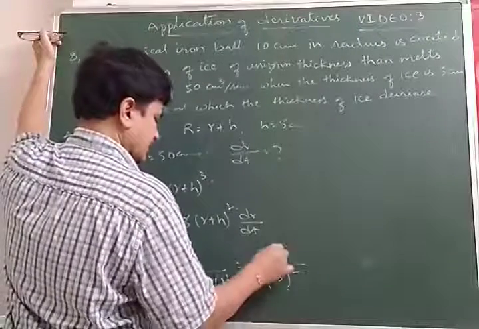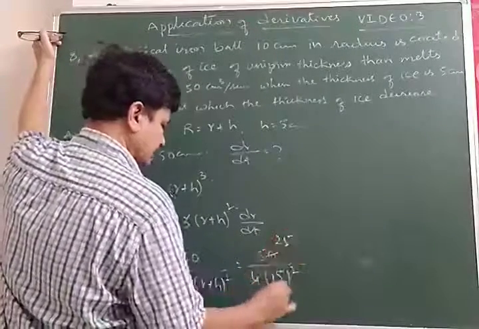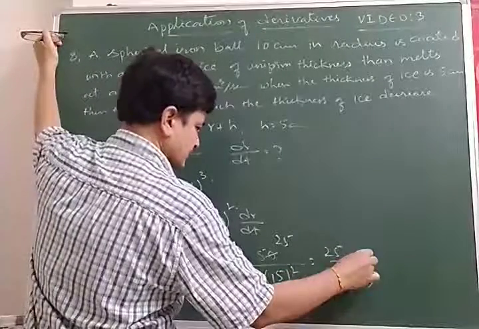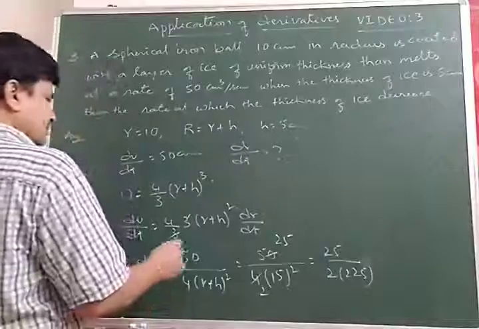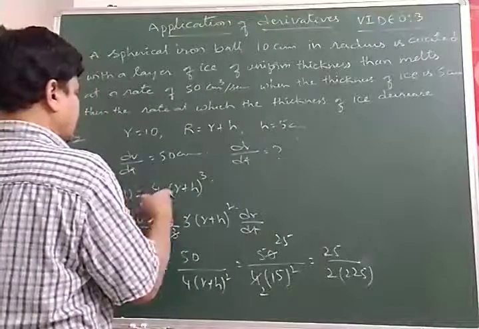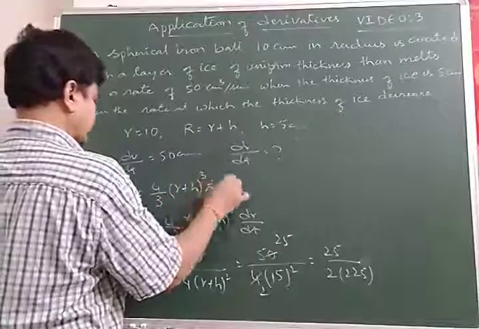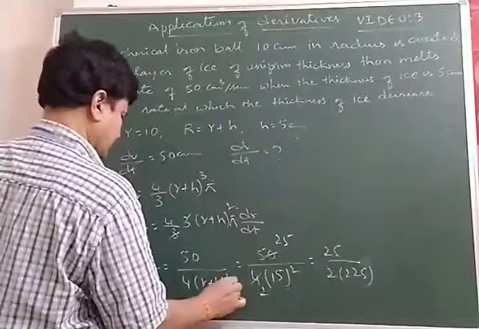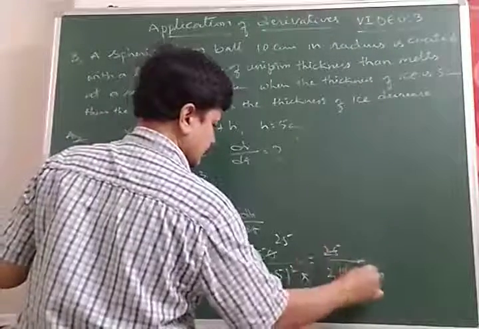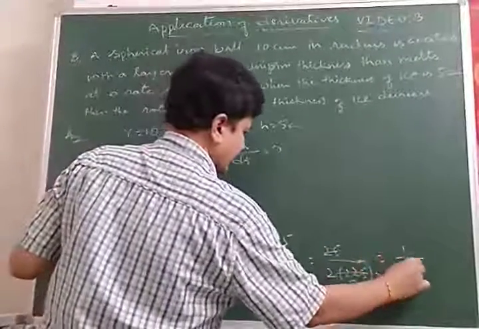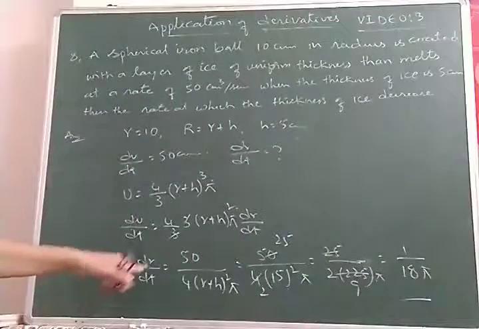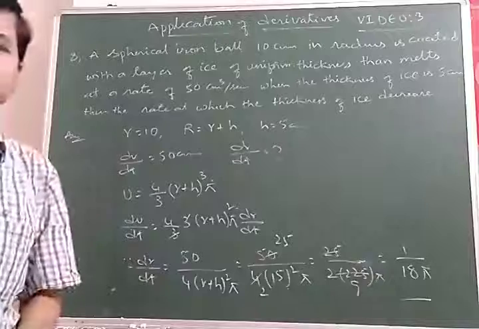Now this is 25 by 2 into 225, so the rate of change is 1 by 18 pi cubic centimeters per second.